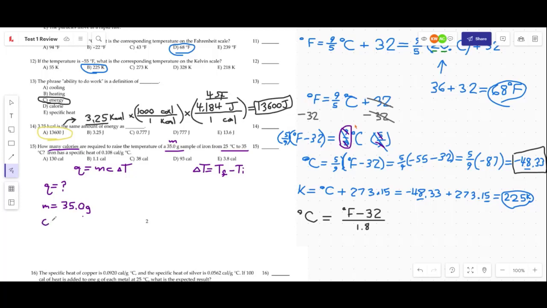The C is the specific heat, so that's the 0.108 calories per gram degrees Celsius. And then the delta T is going to be the final temperature, which is 35 degrees Celsius, minus the initial temperature, which is 25 degrees Celsius. Now, Q can be negative if the temperature drops.